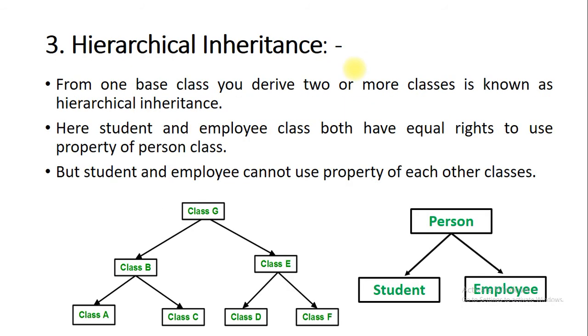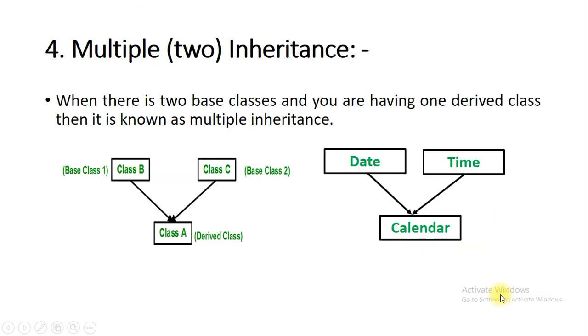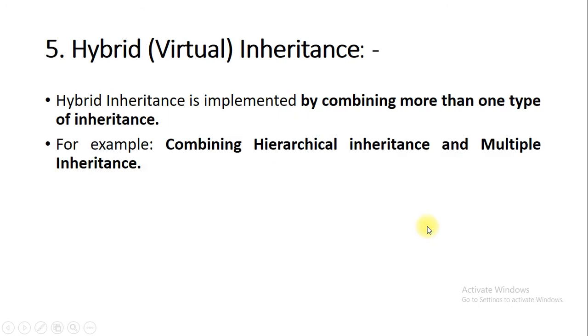Hierarchical means what? This one, 1, 2 and 3. Similarly, 1, 2 and 3. So when you combine hierarchical inheritance with multiple inheritance, it becomes the concept of hybrid inheritance.